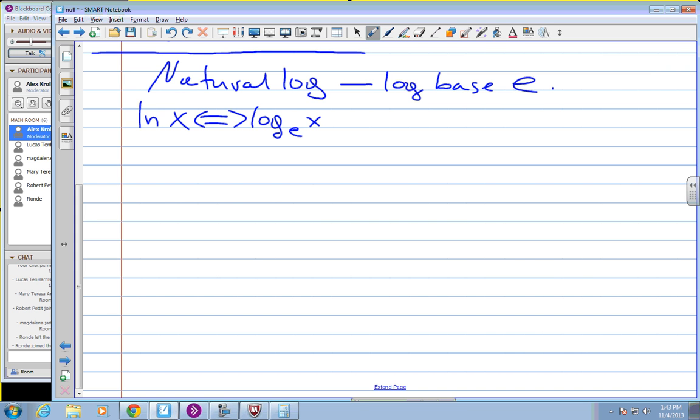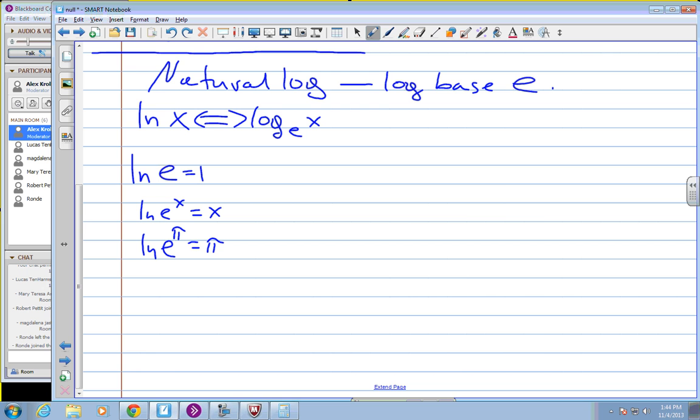And we never write log base e of x, we just write ln of x. And every time you see ln, that implies log base e. Okay? So if I ask you what is ln of e, you will say 1. If I say what is ln of e to the x, then you'll say x. So if I say what is ln of e to the pi, you'll say pi. Right?